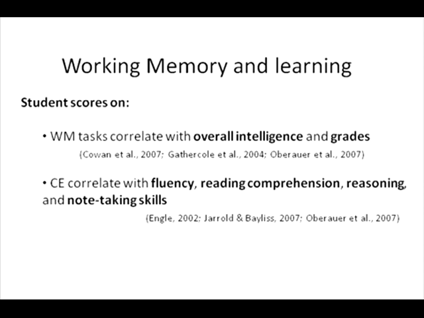Well, for you to be fluent, for example in reading, you have to be able to pull information quickly from long-term memory to decode what you see in front of you. So fluency, reading comprehension, reasoning, note-taking, composing, those are all skills that are very well correlated with working memory.